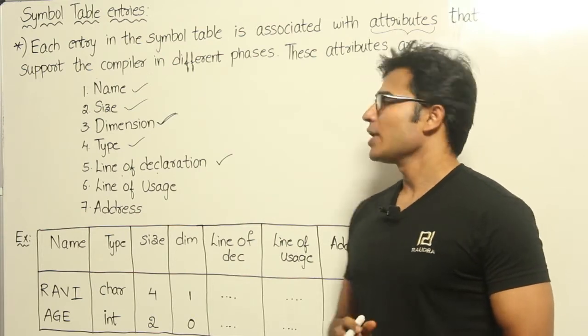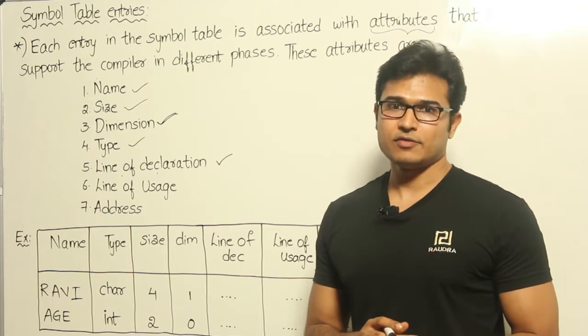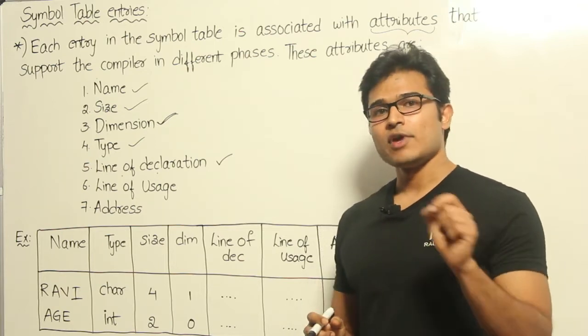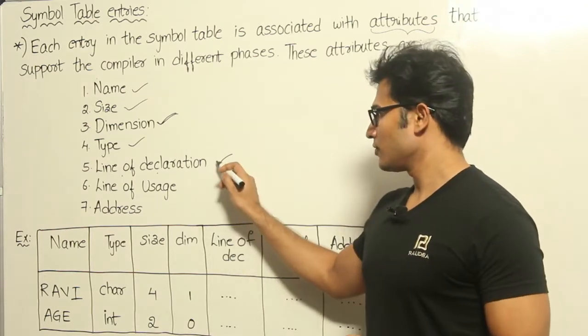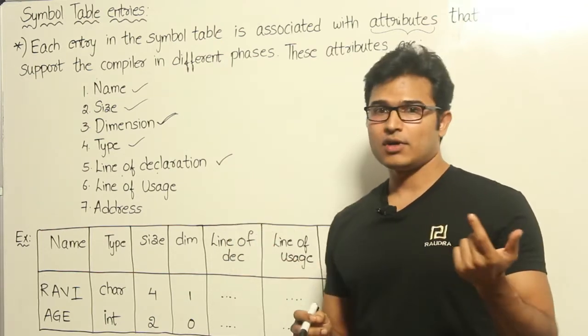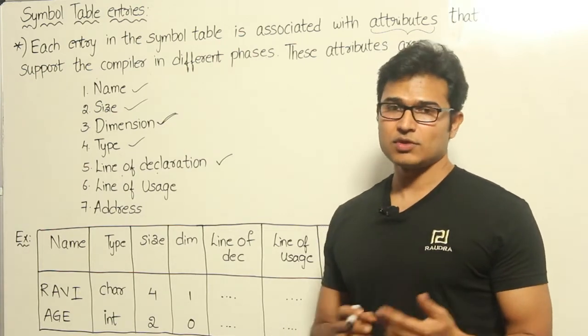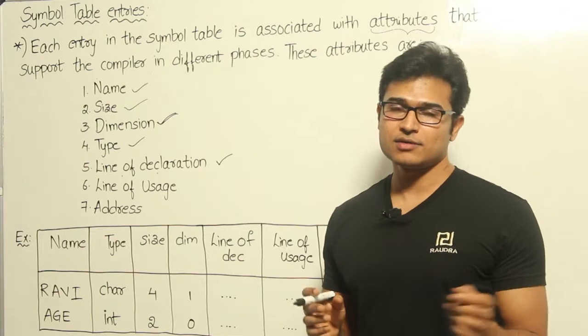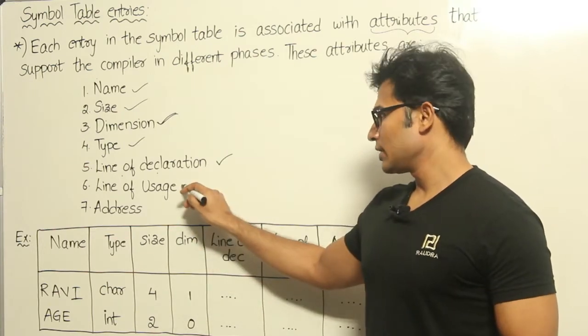In case you have to generate an error, you should know the line where that error has occurred. That is why you should always store the line where it is declared as well as the line at which it is used, so that later when you report errors, you can also give the line at which the error has occurred. So you are going to store the lines.